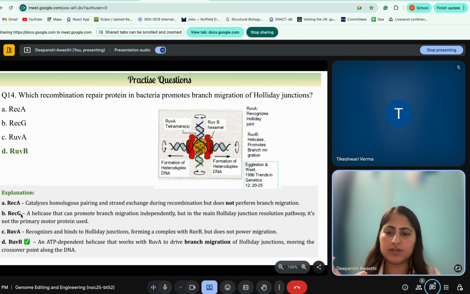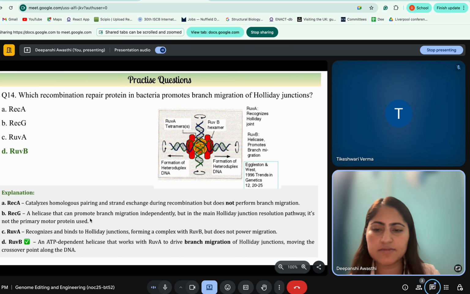So let's talk about RecG. RecG is a helicase which can promote branch migration independently, but in this they have also talked about Holliday junction. In the main Holliday junction resolution pathway, it's not the primary motor protein used. So in this way, RecG is also not right. If we talk about RuvA, then it recognizes and binds to the Holliday junction, forming a complex with RuvB, but it does not power the migration.